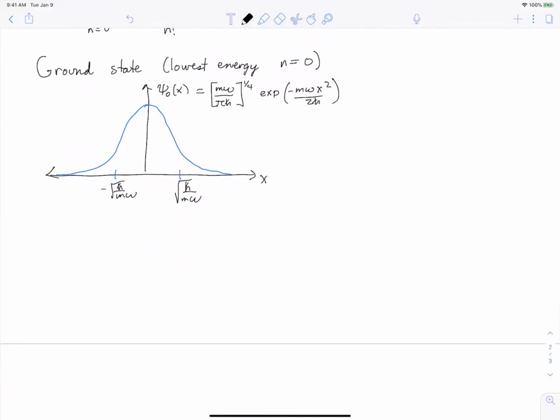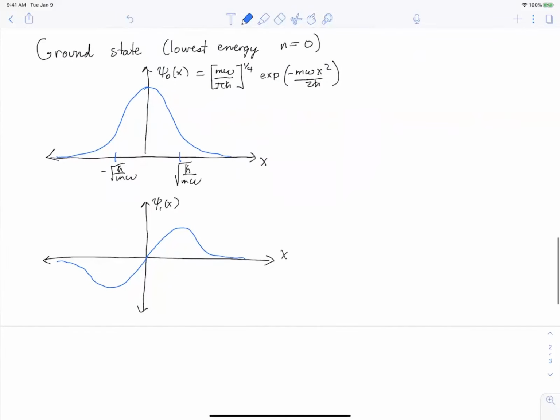Then we can do the same thing for psi 1. Psi 1 does have a wiggle in it, so I'm going to draw my axis so that it can go negative. This is a graph of psi 1 of x versus x. It goes through 0 because it's parity odd, and it does something like that. Similarly, we can do psi 2 of x.